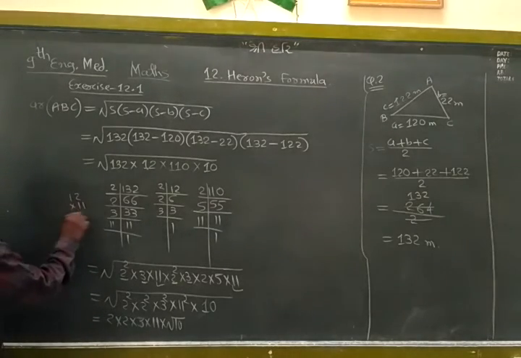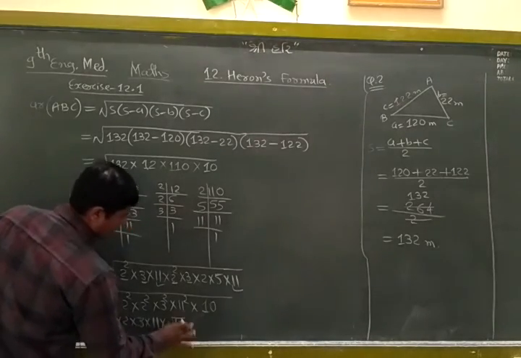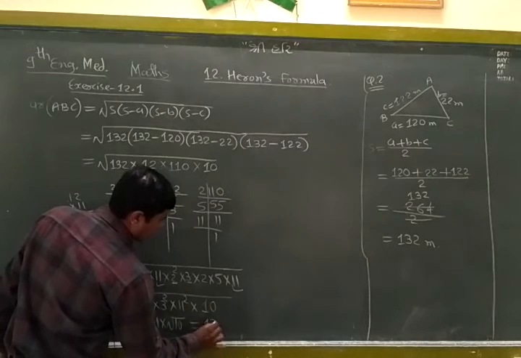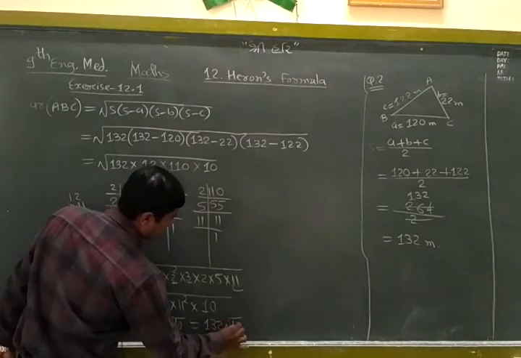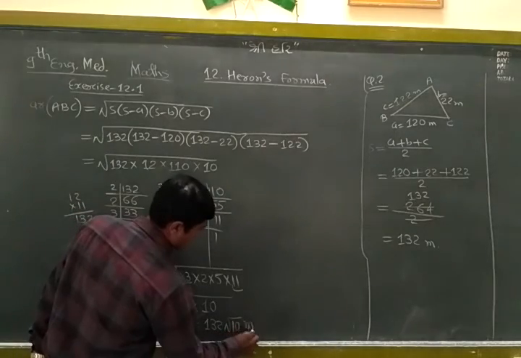12 times 11, we will do it by Vedic maths: 2 plus 1 is 3, 132. So 132 square root 10, here meter square.